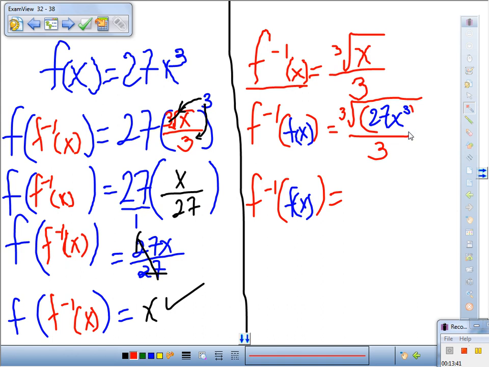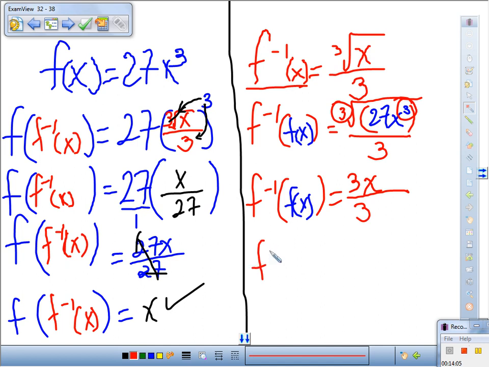All right, so check this out. This is inside of the radical, yes? So what is cube root of 27? 3. And what is x cubed to the third? X, because we divide this by this, right? So it's x, or x to the first. What stays in the denominator? 3.